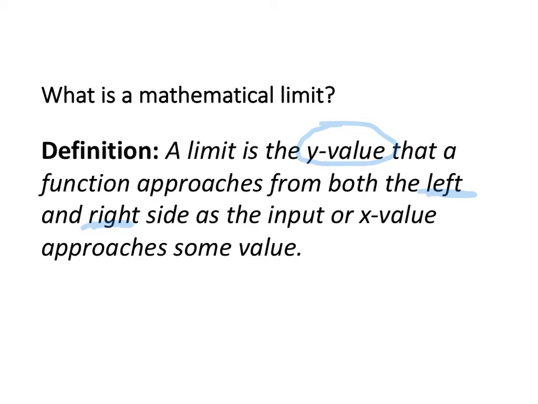Now think of it in terms of the graph. If you're looking at the graph, you're going from both the left and the right side as the input or x value approaches some value. What is the y value that the function approaches?